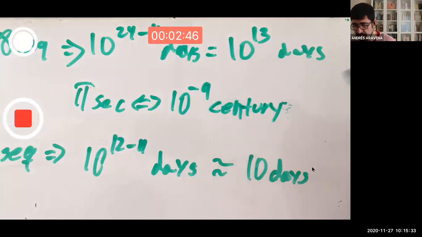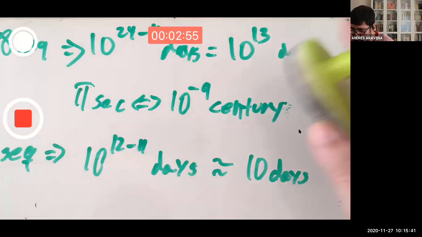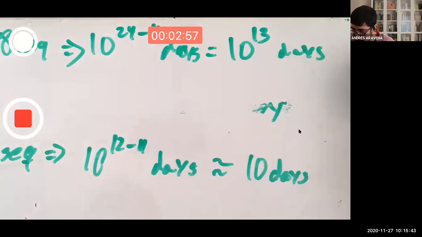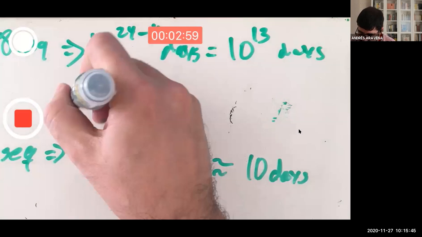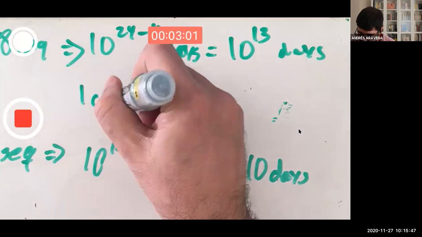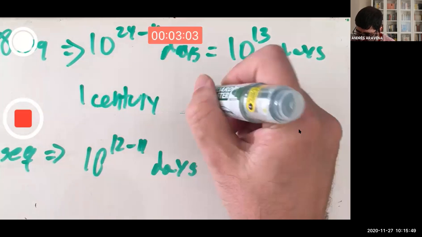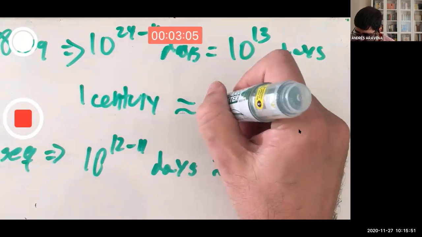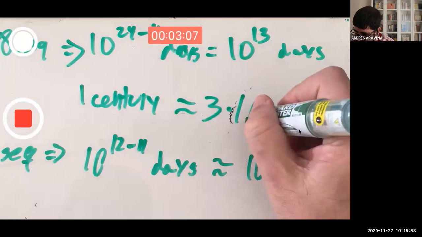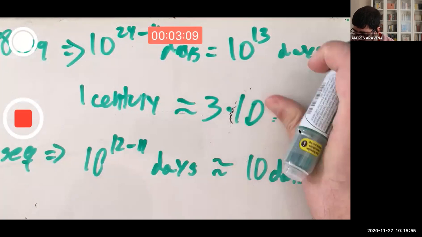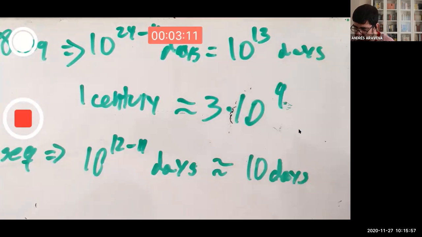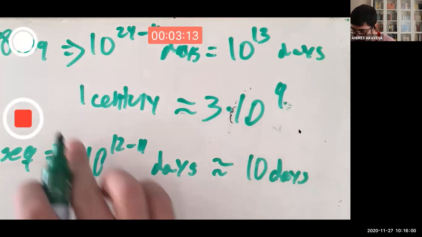And this is a shortcut. Pi seconds is a nanocentury. In other words, in a century, let's write it in a different way. A century is something like 3 times 10 to the power of 9 seconds.